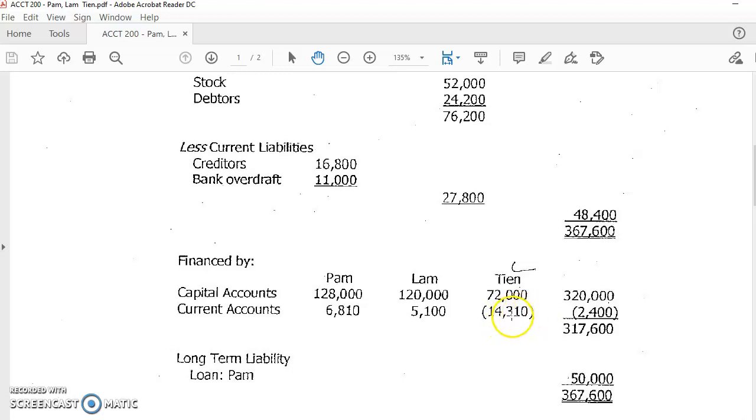So to close his account, his $14,310 would be debited in the capital account, thus reducing the amount of capital that he is entitled to. So let's go ahead and close off these current accounts by entering these figures in the capital account.